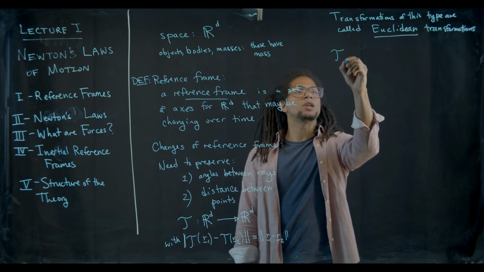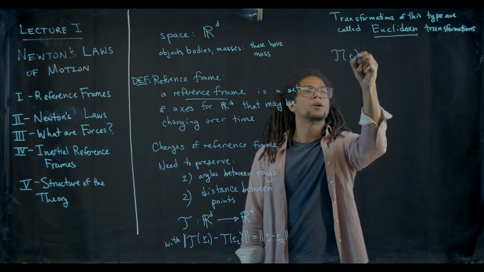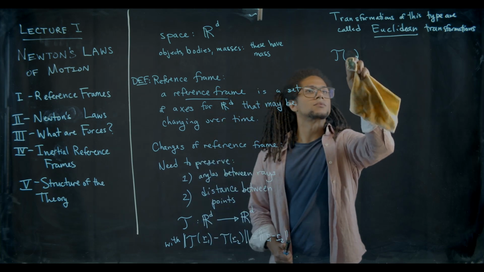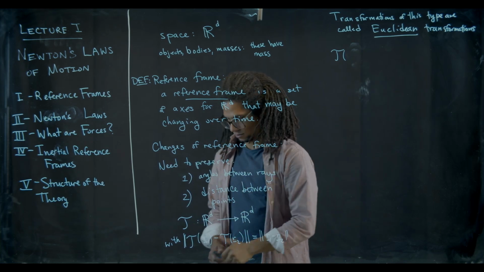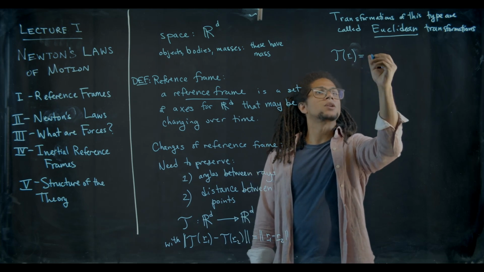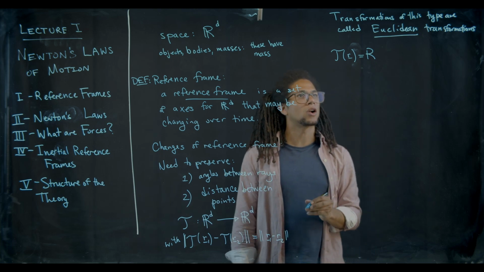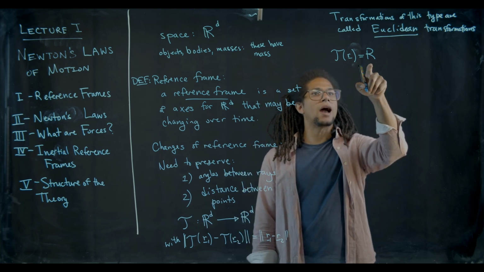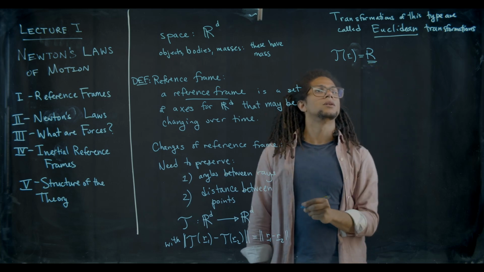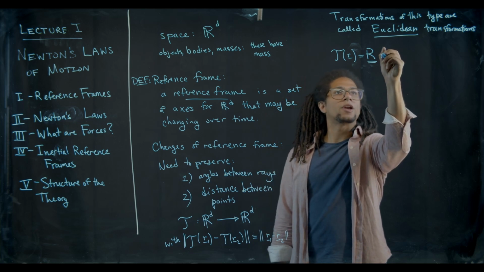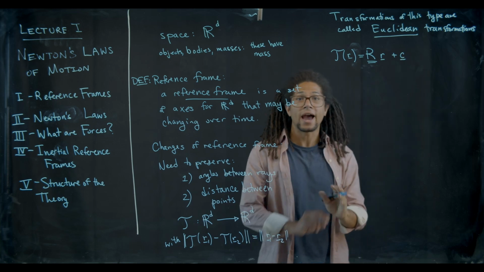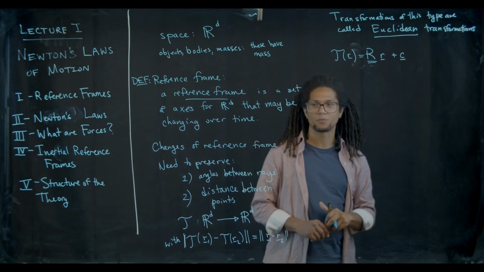So a Euclidean transformation is always of the form, the transformation on R is equal to some matrix, which I'll call R, unfortunately. Now, in our underbar notation, I'll put 2 bars under matrices. So we'll have a matrix R operating on the vector R, and then we can add a constant vector C. And that's the only thing that we are allowed to do.